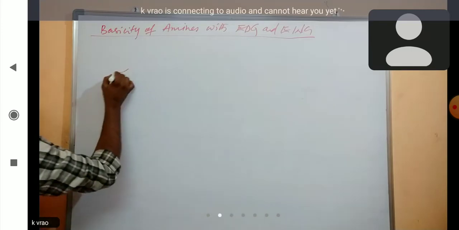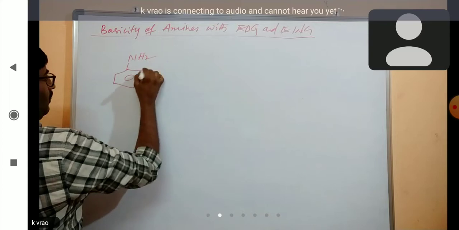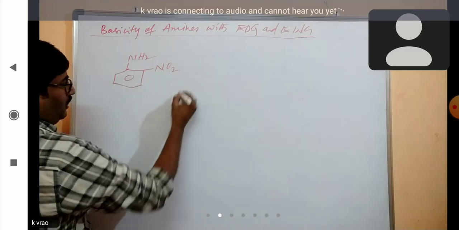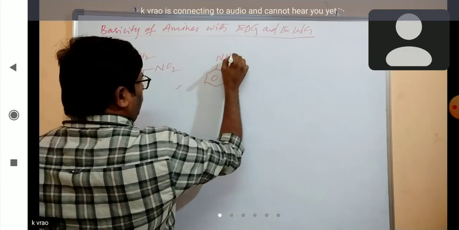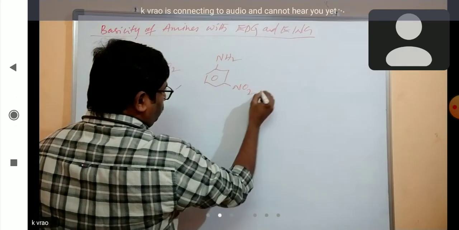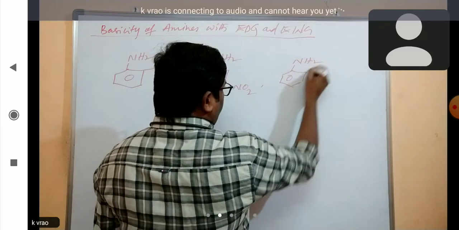Let us take here aniline. NO2 group is present on the ortho position, NO2 group is present on the meta position, and the NO2 group is present on the para position.